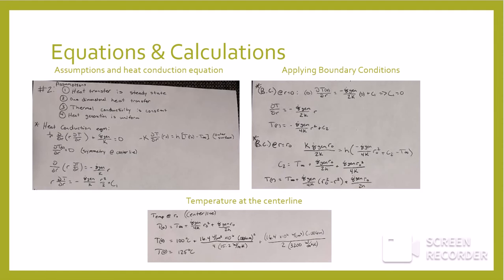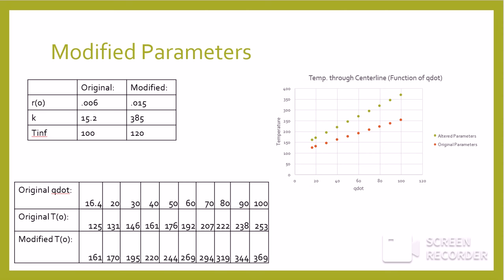Jumping ahead. Here's a couple tables and a graph, so you'll visualize what happened when we modified some parameters. So up in the top left here are the 3 parameters that I chose to modify to see what they did with the graph, which was the temperature through the center line as a function of Q dot.